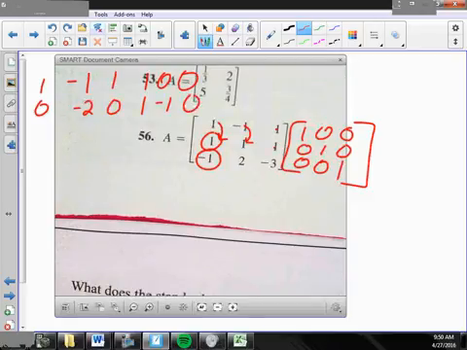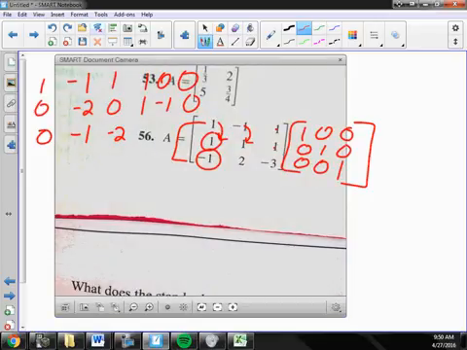And then for row 3, what do I want to do? 1 plus 2. Could I do 2 plus 3? Yeah, all I care about is that that first number becomes a 0. It doesn't matter which method I use to do that. So if I add 1 and 3 together, I get 0, negative 1, negative 2. I'm adding 1 and 3.